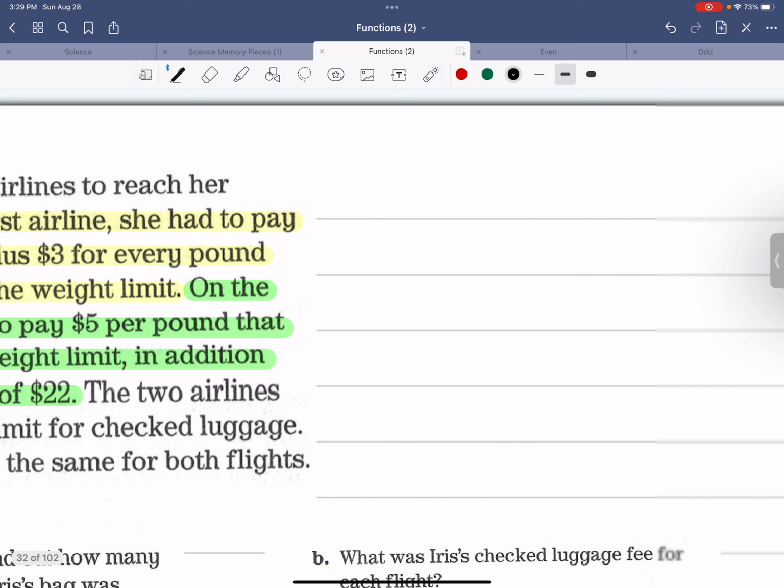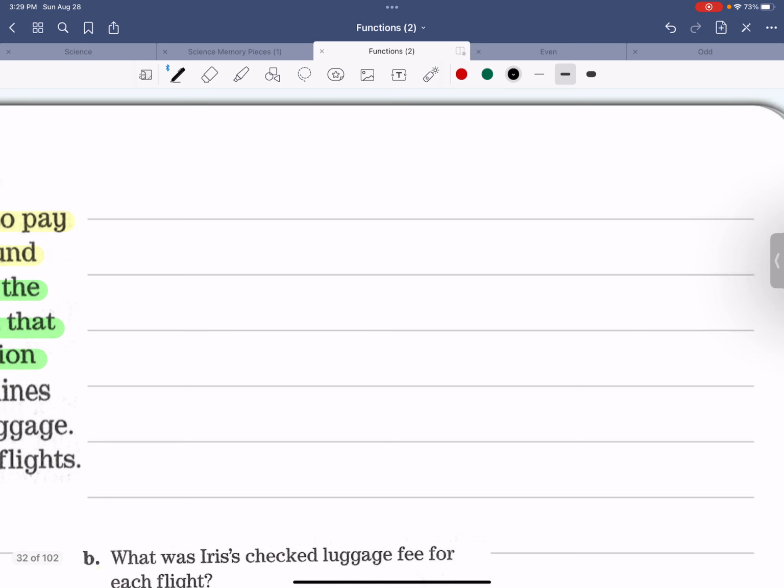So let's take a look at the first airline. We could say that the cost of her luggage would be the overage charge plus the flat fee.